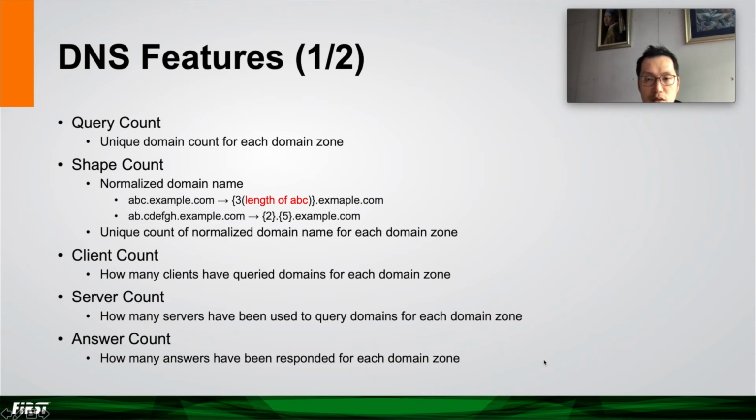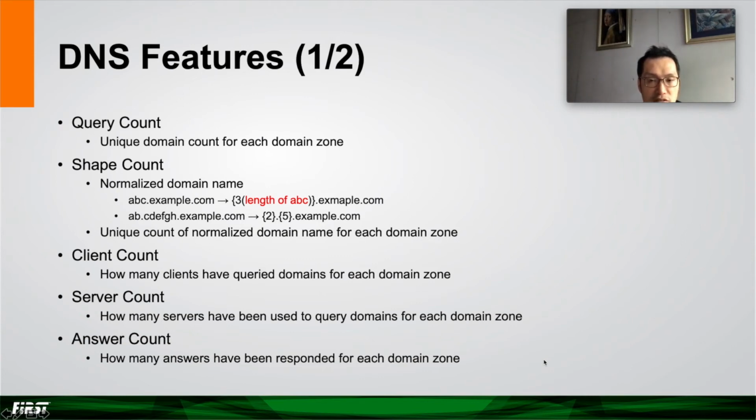For example, abc.example.com is treated as 3.example.com. ab.cdefg.example.com will be treated as 2.5.example.com. So the total shape count of example.com will be 2.